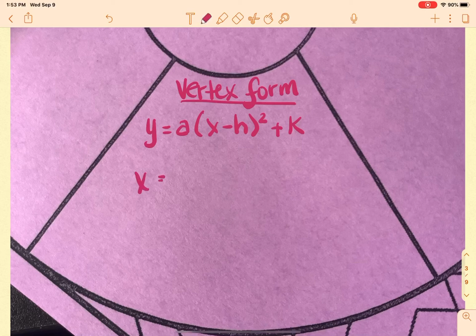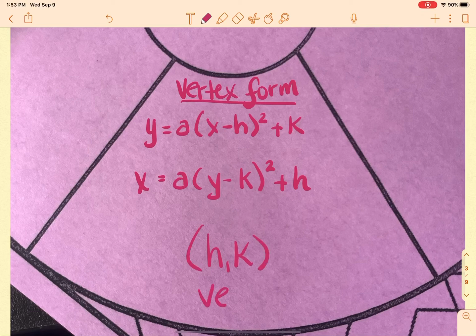If I have x equals, so x equals a (y minus k) squared plus h. Notice in this, the x's and y's switch, but the h and the k do too. And just a big reminder, when they're talking about (h, k), that is the vertex. That's why if it's written in vertex form, you can sometimes identify it pretty quickly.